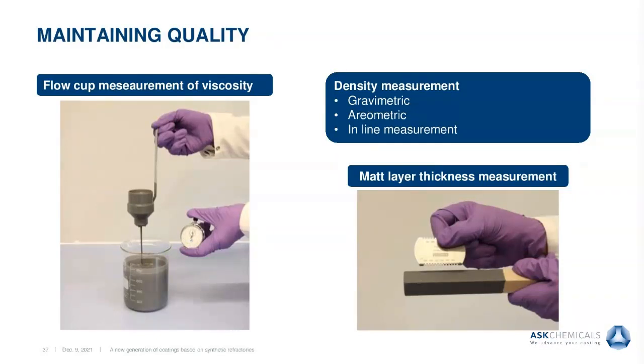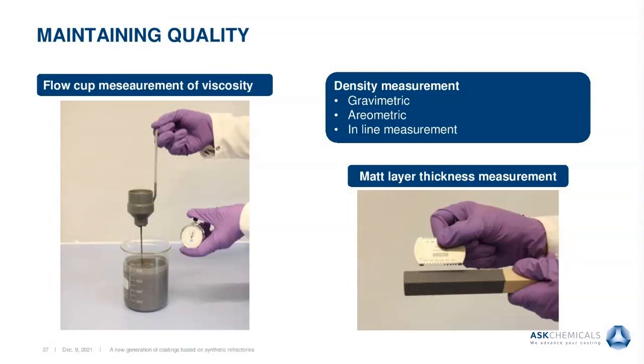To explain it for the application, if it is flow coating or also spraying or brushing or dipping, the flow behavior is important. And you can only determine the flow behavior by the viscosity.